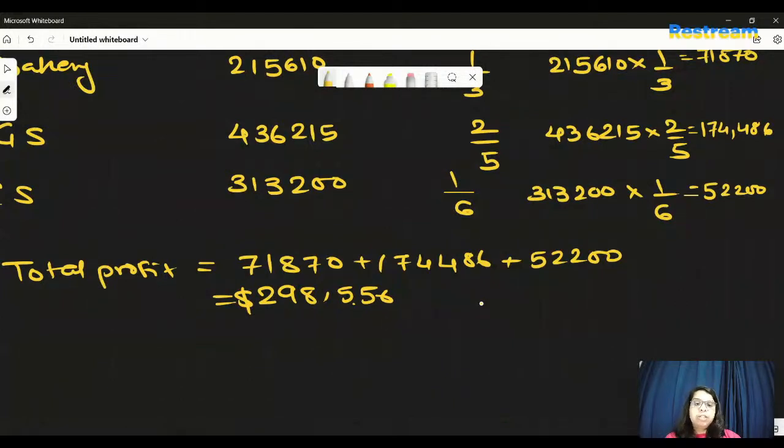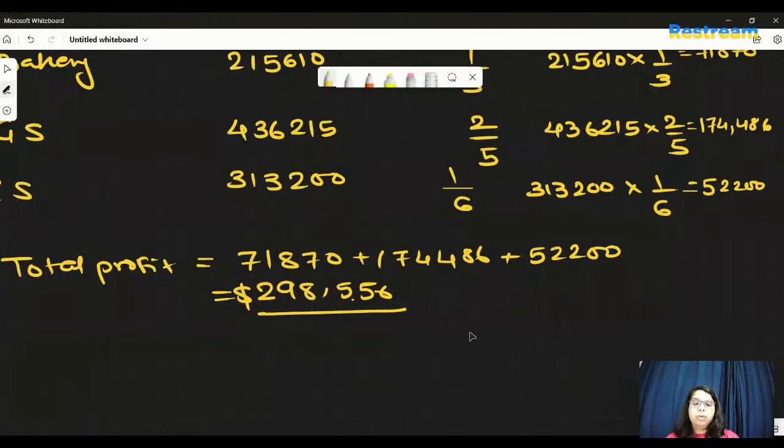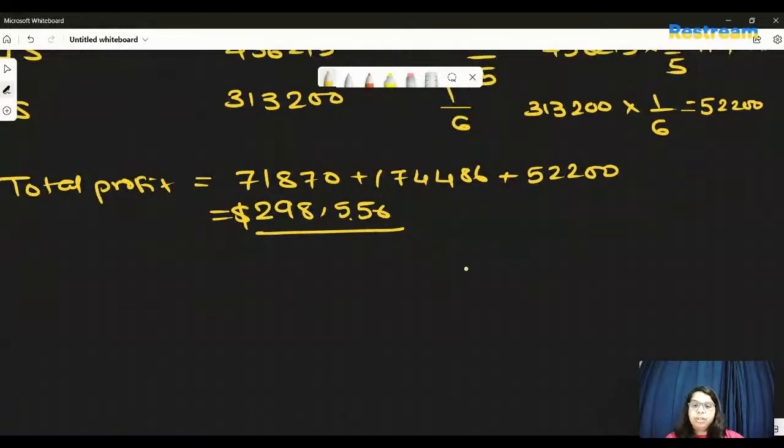So which is the biggest number here? This one. So how did we arrive at this number? We are going to quickly show you how to add. So it is 174,486. Now whenever you start writing the next number, you always start from the units place.